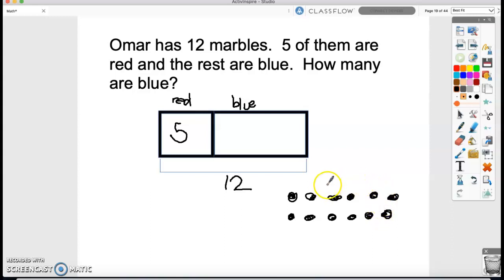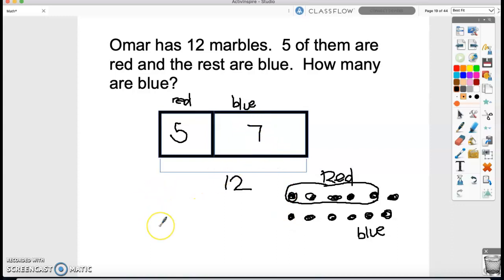So I'm going to circle 5. And I know that these 5 are red. And if those 5 are red, the rest have to be blue. So I'm going to count how many blue I have. 1, 2, 3, 4, 5, 6, 7. I know that I have 7 blue.